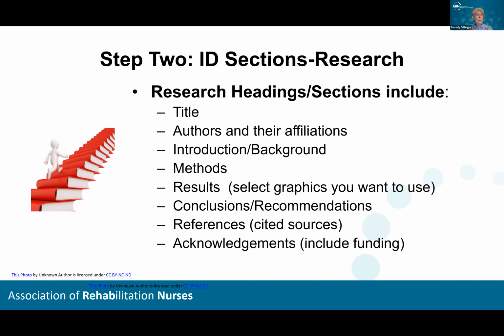Introduction and background will be a section that you'll want to have. Methods, results, thinking about graphics at that point. Conclusions, which will include recommendations for future research, and references, and that will only be for cited sources, which typically will be found in your introduction or background. And then acknowledgments.